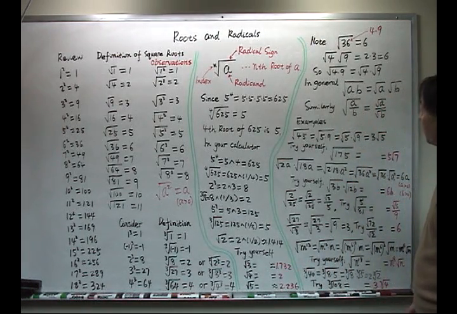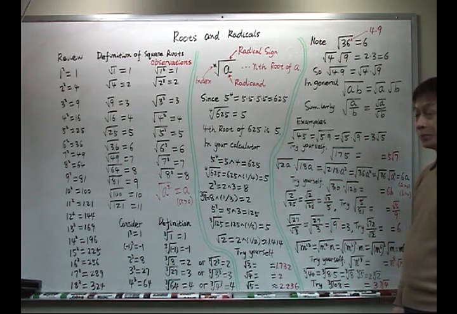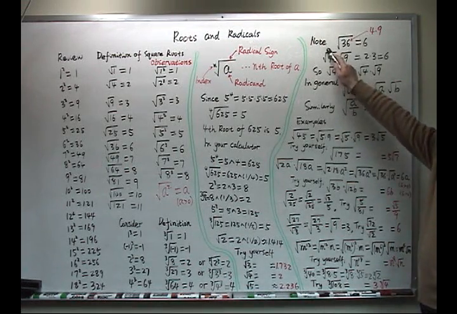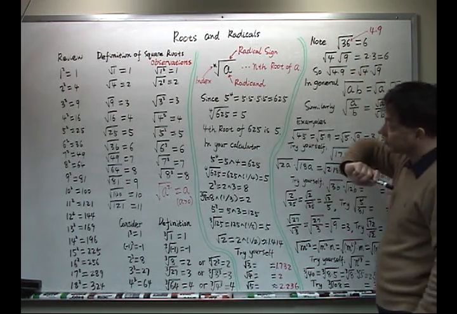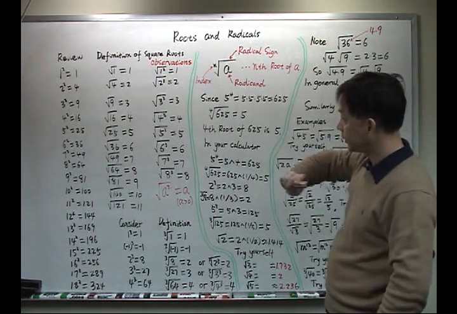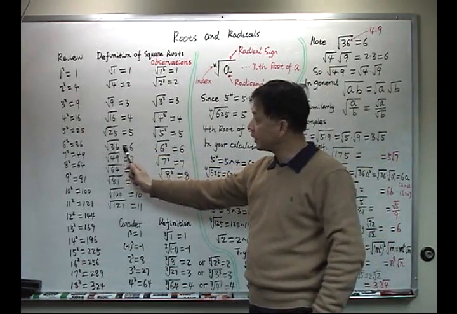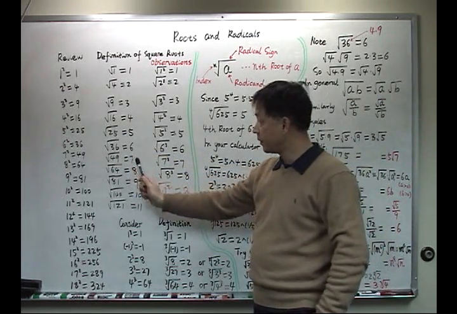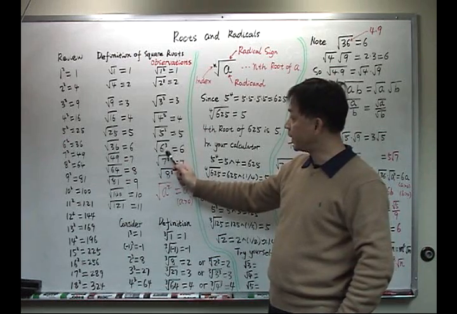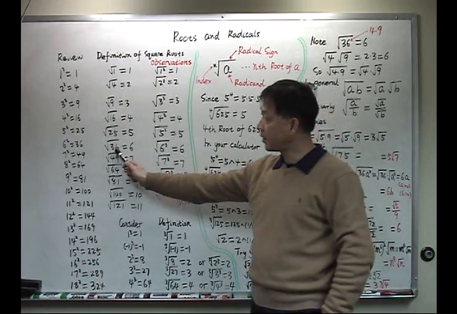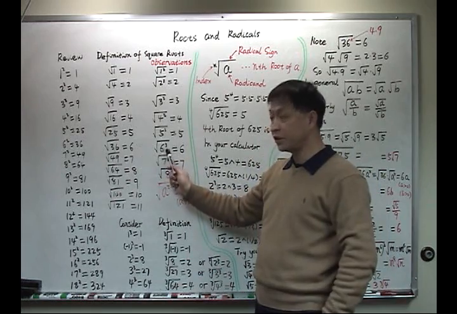Okay, now let's do some calculations. Note, radical 36 is 6. The same way you can write radical 6 squared is 6, because 36 is 6 squared.